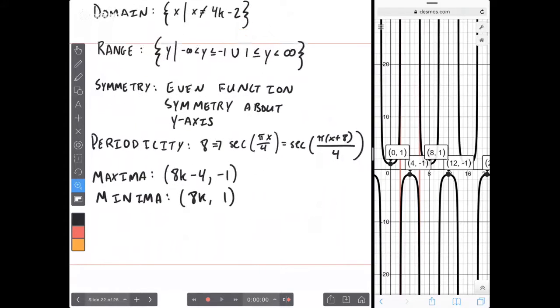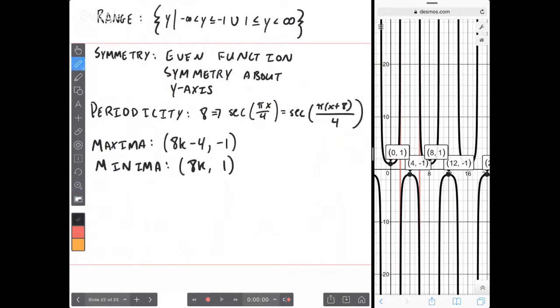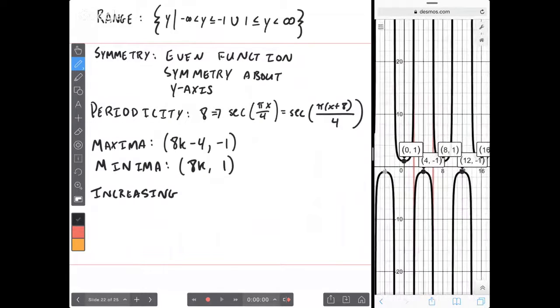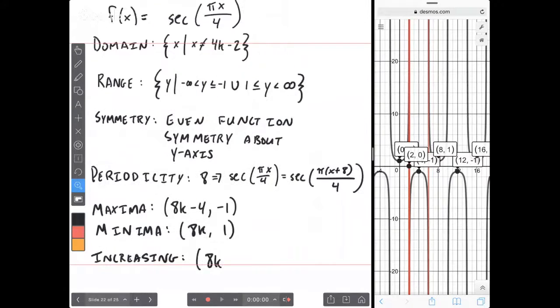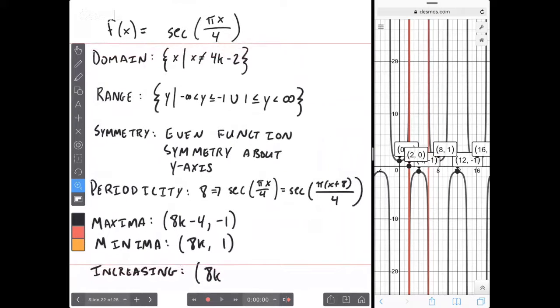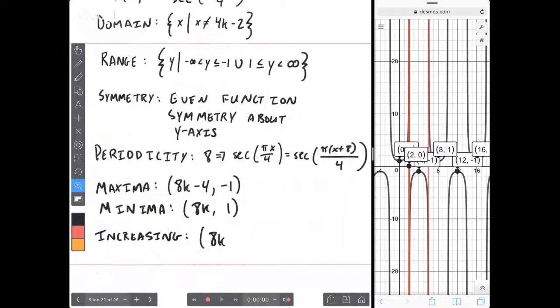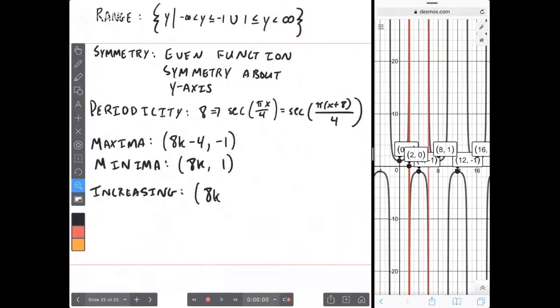And intervals upon which I'm increasing and decreasing. Increasing. So that's where I'm going up. So I'm going up starting at a minimum point. So I know I have a minimum point at 8k. And I'm going to keep going up all the way to the asymptote. And the asymptote was at 4k minus 2, and there's an asymptote.